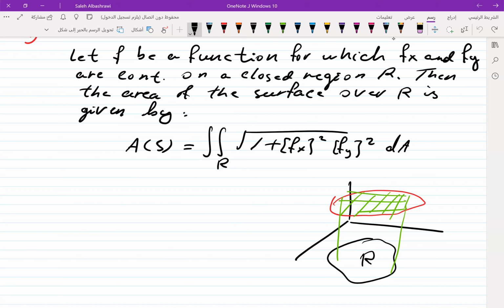So this is the formula for finding the surface area over a given region R.